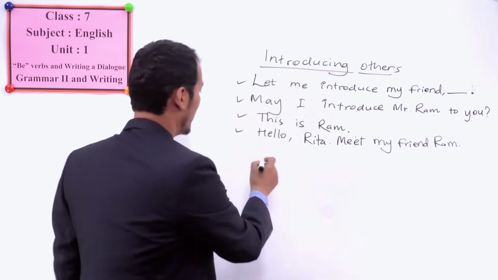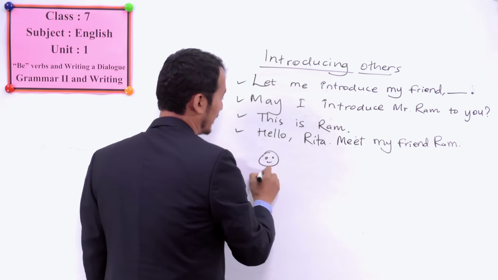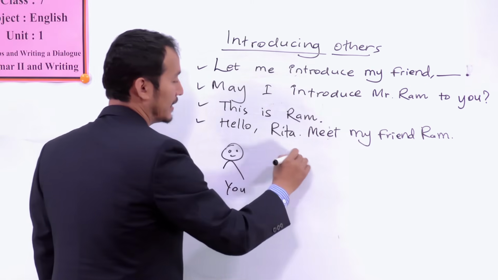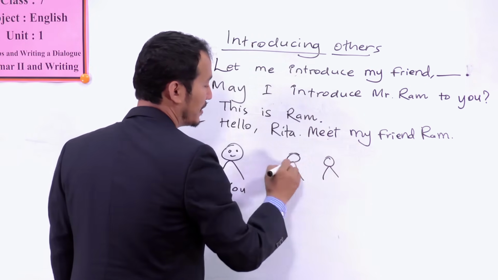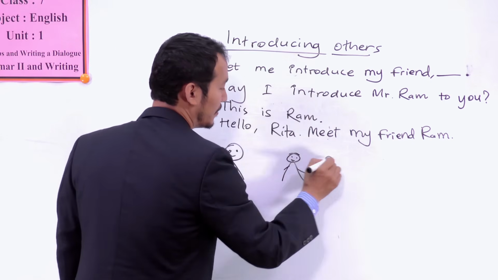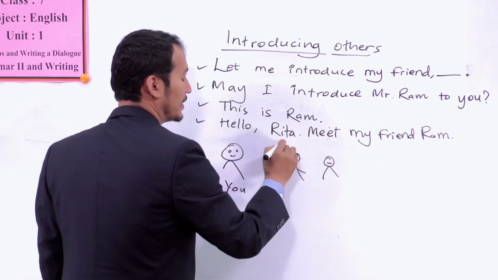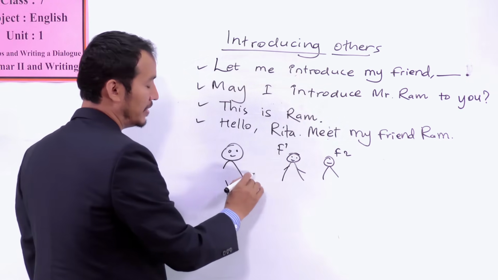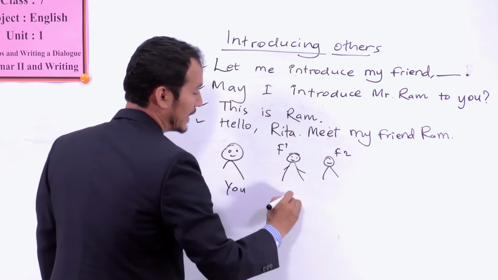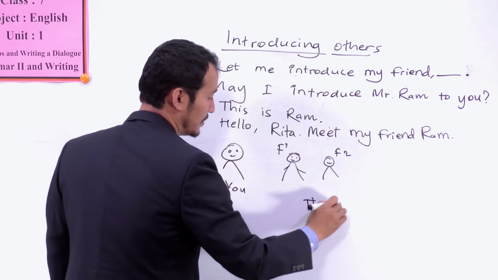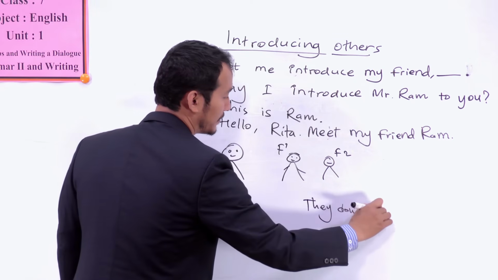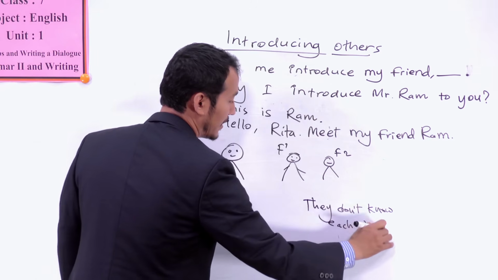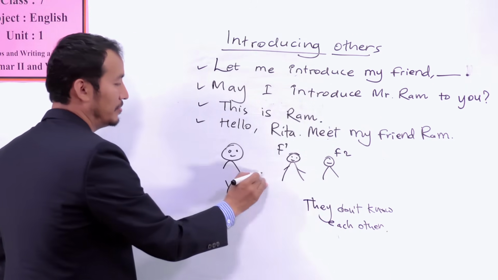Okay, so here this is you, and you are going to introduce your two friends. This is friend 1 and this is friend 2. You know them, but they don't know each other. This is the situation. Okay, students, they don't know each other, but you know them.